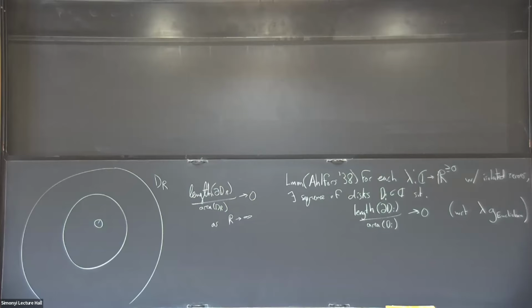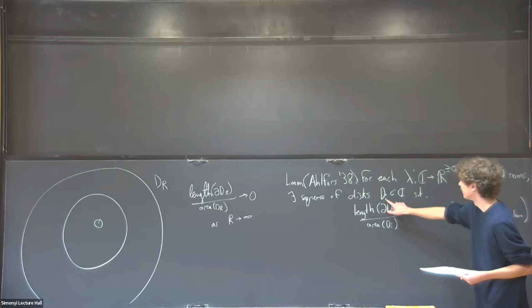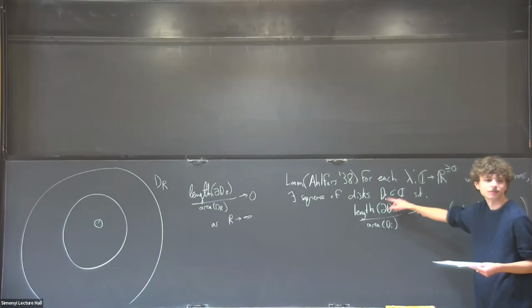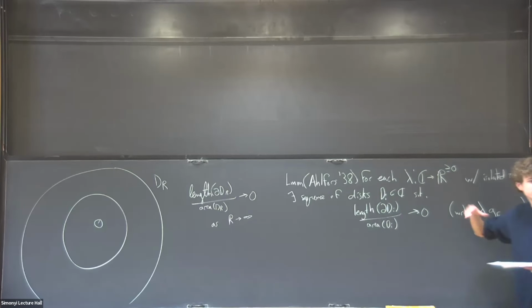So if you take a typical sequence, it should work, but it's difficult to phrase formally. And these disks are actually metric disks for the Euclidean metric. Oh, okay, I misunderstood. They're just whatever distance R type things.